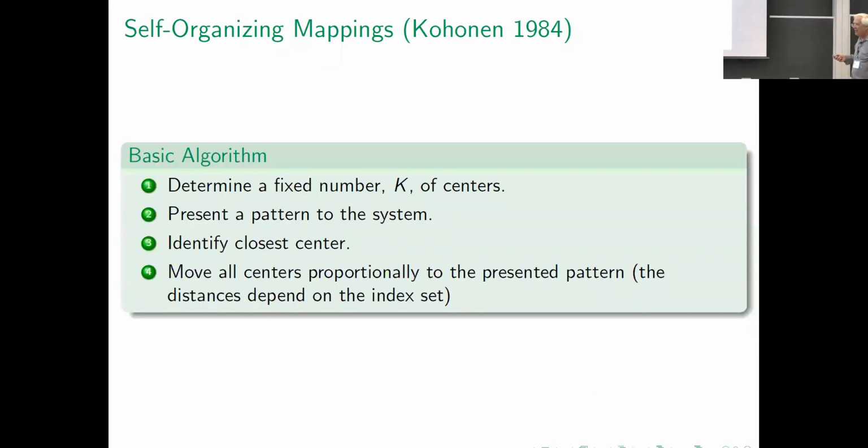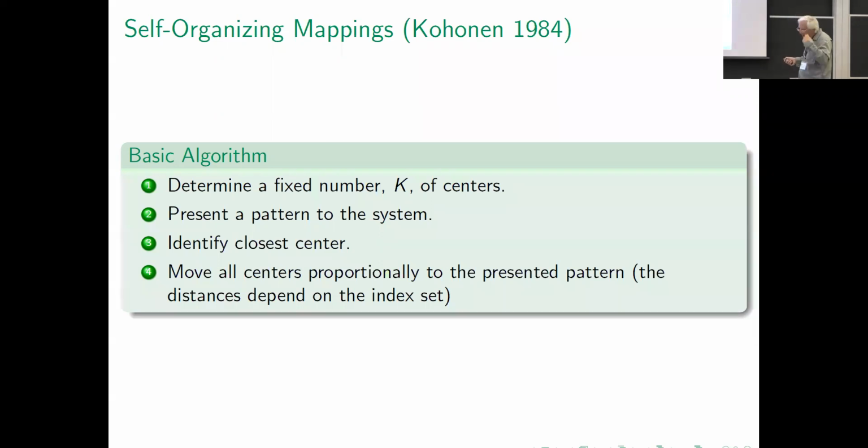So the self-organizing mapping idea is, you have a set of centers. Now they could be points, or they're going to be subspaces. They're going to be either points in a vector space, points on a Grassmannian, or points on a flag. These will all be implemented in the same framework. We're going to use the same ideas. The code will change, but the actual thing that you're doing will be the same.